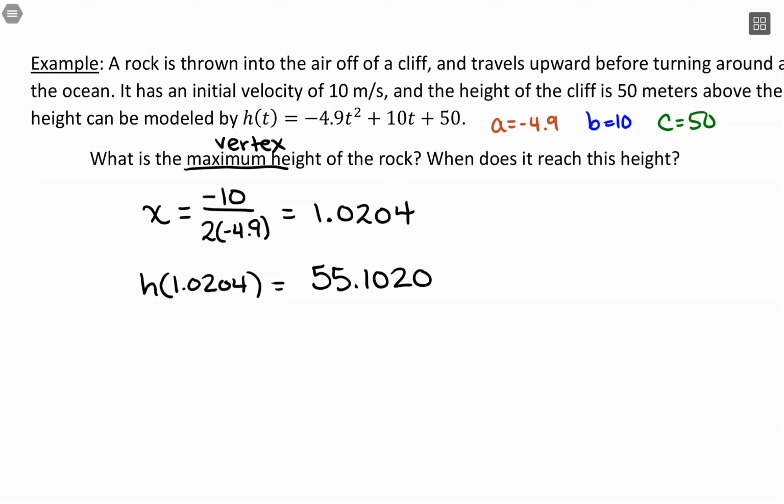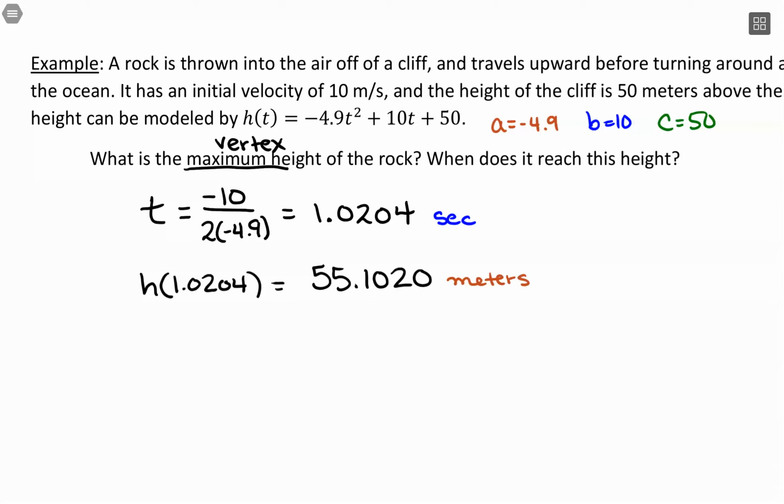Alright, so just to make sure we have our units, x, oh I did it again, t, it's not x. So t is time, so this is going to be a measurement in seconds, and then h is height, which is being measured in meters.